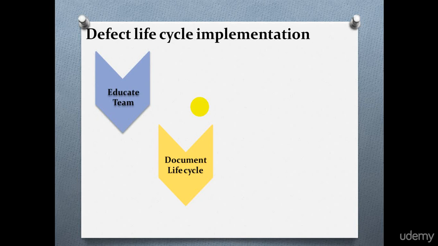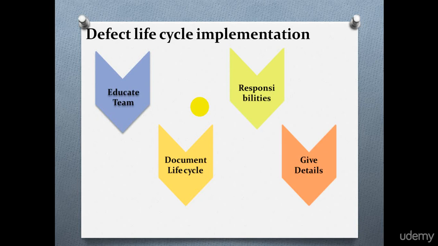Ensure that each individual clearly understands his responsibility as regards each and every defect. And also make sure that enough detail is entered in each status change. For example, do not simply drop a defect, but provide a reason for doing so, why we are dropping the defect. You have to clearly mention the comments for each and every status change.